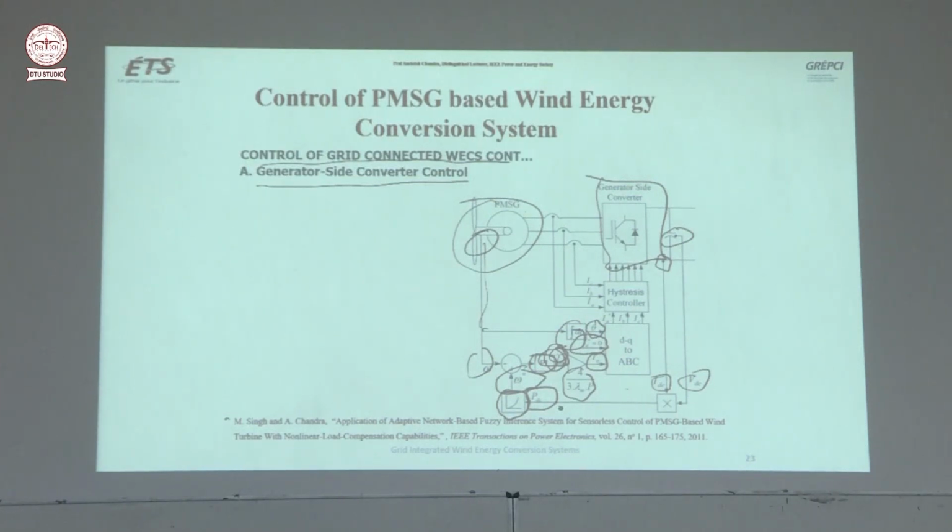Then you can do the DQ to ABC transformation. ID and IQ are there, you can get the IA reference, IB reference, IC reference, and you can measure the actual current and generate the signal. So this is the simplest control. Otherwise you may get very complicated control, there is no limit to making it. This is just to explain the basic idea.